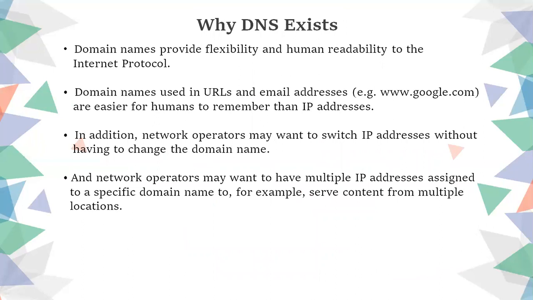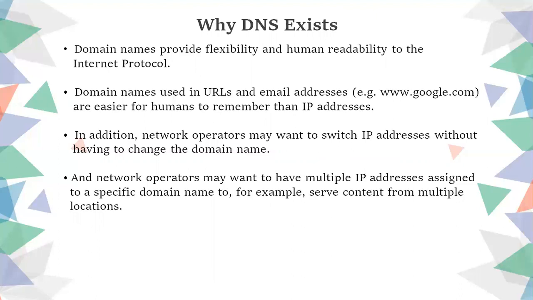See why DNS exists. Without DNS, we need to memorize all the IP addresses. It's subject to change. Whenever it needs to change, we need to update that IP address too. So it becomes a tedious process to identify the website address. So domain names provide flexibility and human readability to the internet protocol.